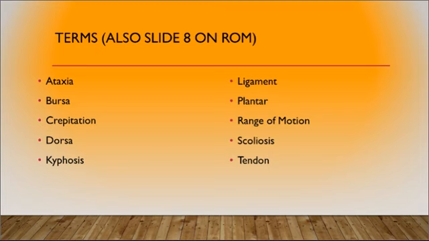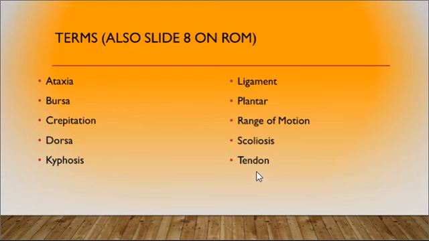Dorsa, directed toward or located on the surface, the dorsum or dorsal. Kyphosis, a hump in the spine, which is outward or convex curvature of the thoracic spine. Your ligament is a fibrous band that connects bone to bone, whereas down here your tendon attaches muscle to bone.